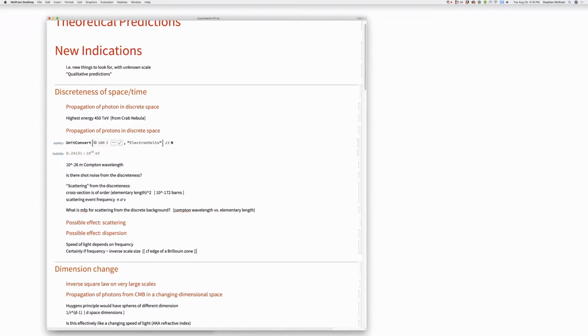All right. So long before you get to the edge of the Brillouin zone, you should see dispersion. And you might see scattering. I mean, the question is whether it's just a real part of the refractive index or whether there's an imaginary part. Okay, so there's the other possible effect.